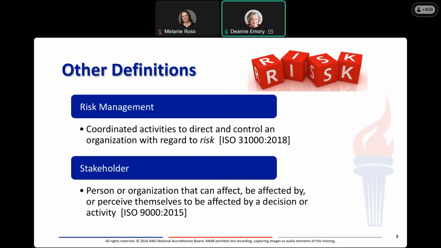Remember, stakeholders include those who perceive themselves to be affected by a decision or activity. An example of those who might perceive themselves as affected could be employees who may think a planned restructuring will affect their job security.